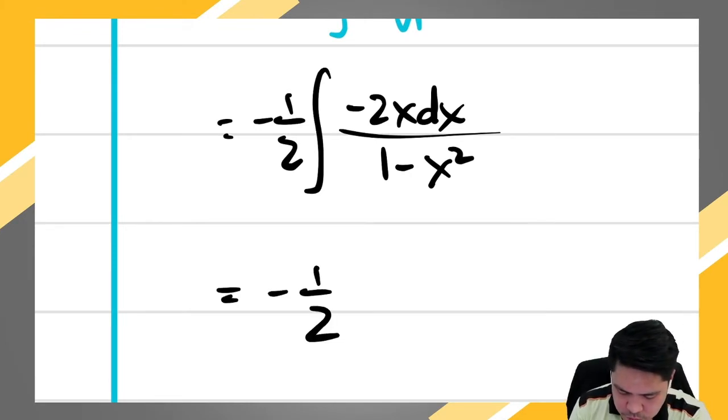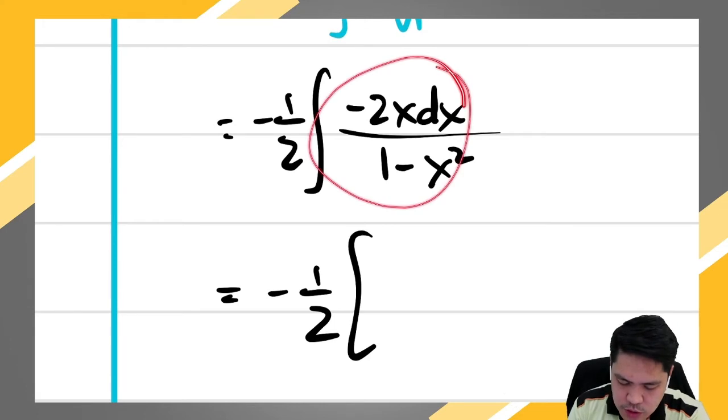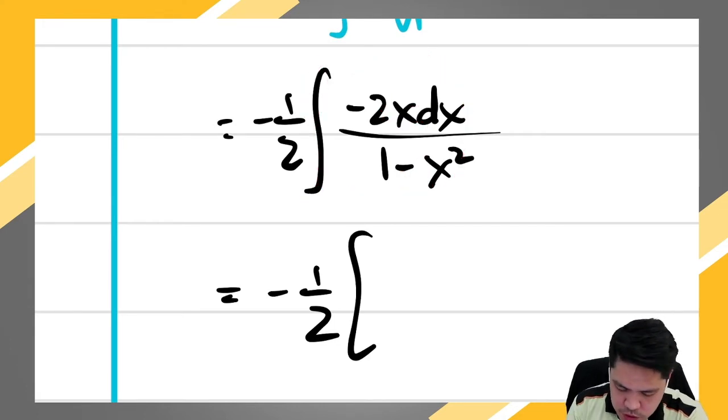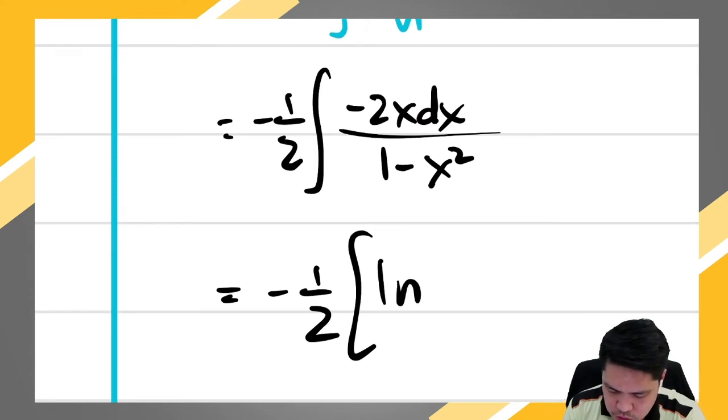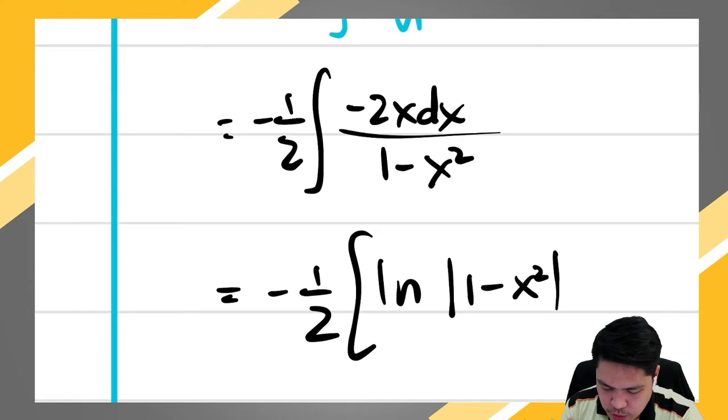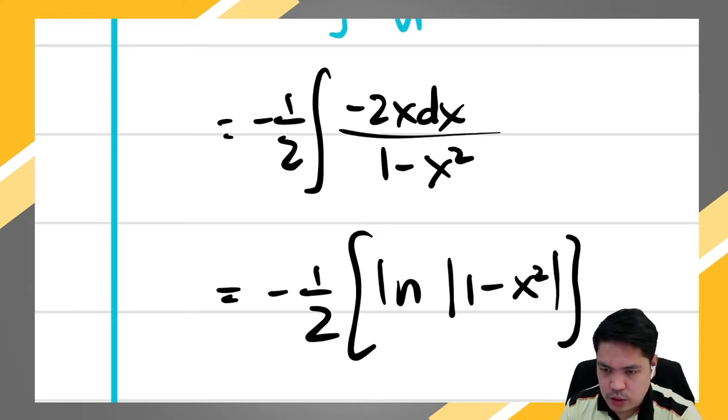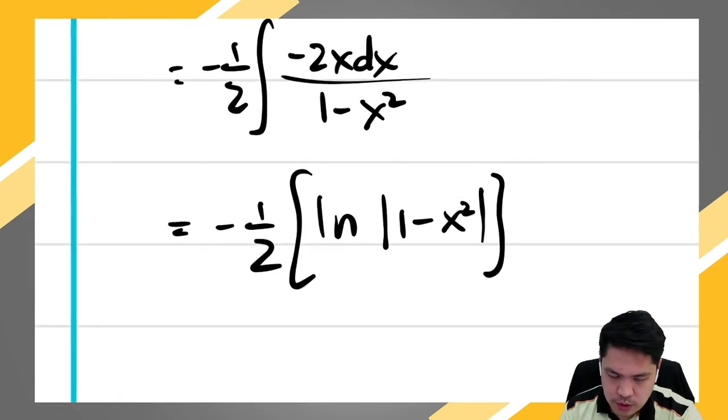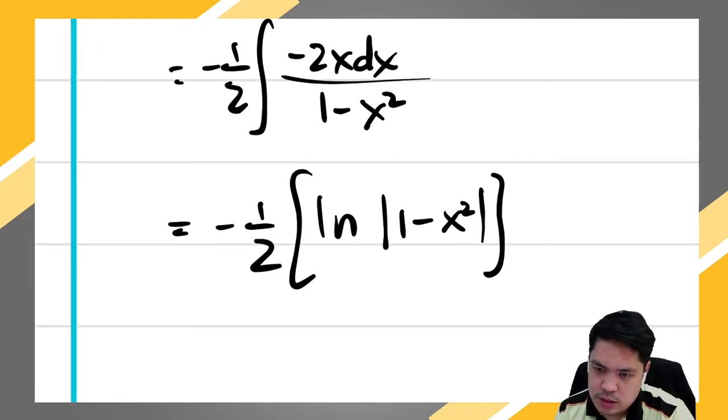negative 1/2 times the integral of du over u, which is simply ln u. So u here is 1 minus x squared, and remember that u cannot be a negative value because we cannot apply logarithm to a negative value.